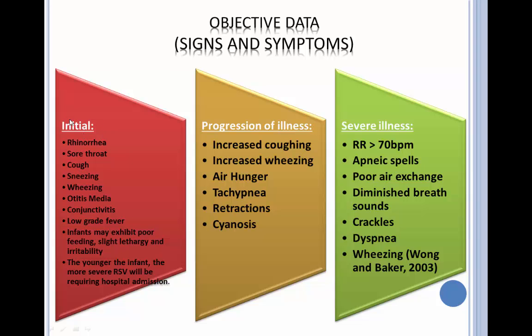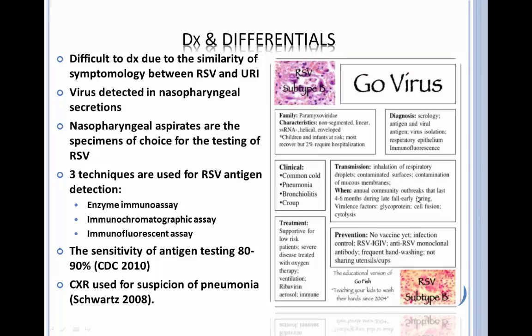From initial presentation of mild rhinorrhea, sore throat, cough, sneezing, for example, that could progress to air hunger and retractions and respiratory distress with apnea, crackles, and dyspnea that requires intubation.